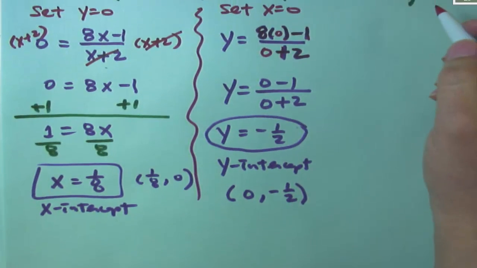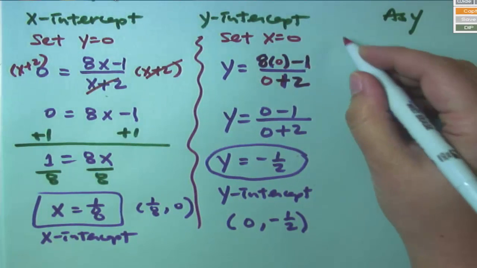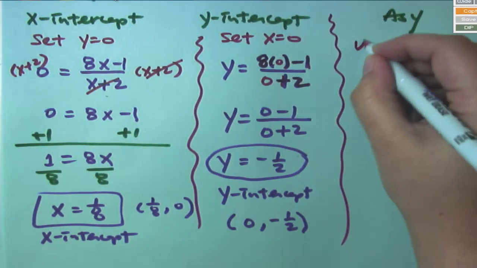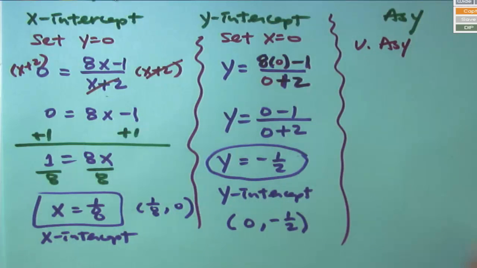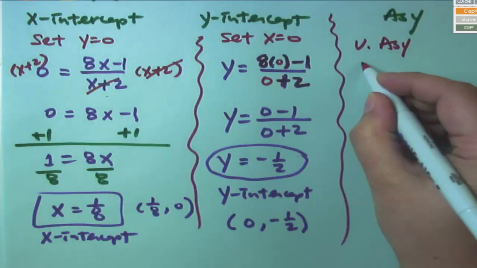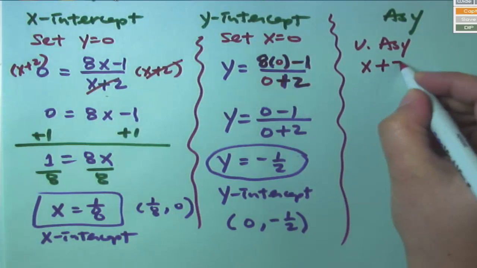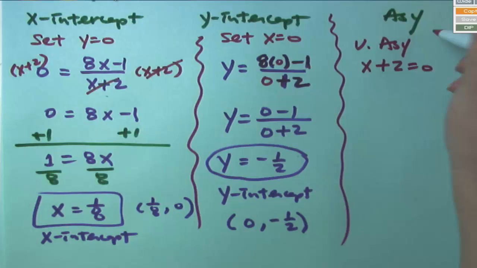So for asymptotes, we have vertical asymptotes. Vertical asymptotes, basically, just set the bottom part equal to 0, finding the restriction for the domain, so x plus 2 equal to 0. Let me write it down for you.